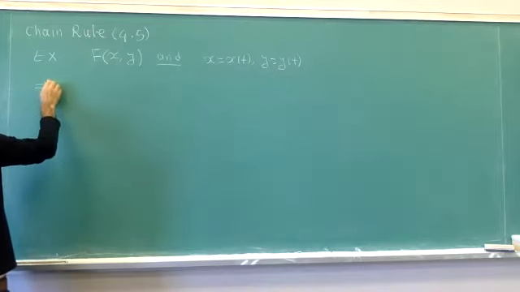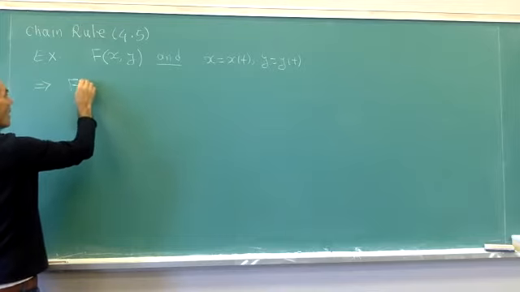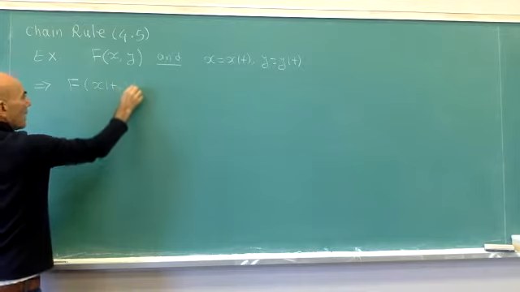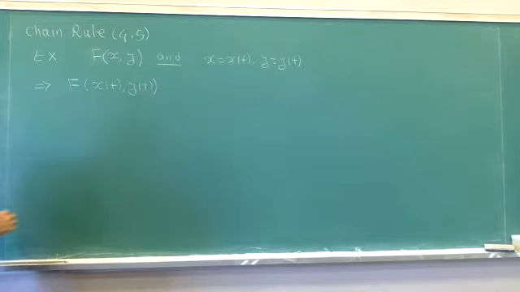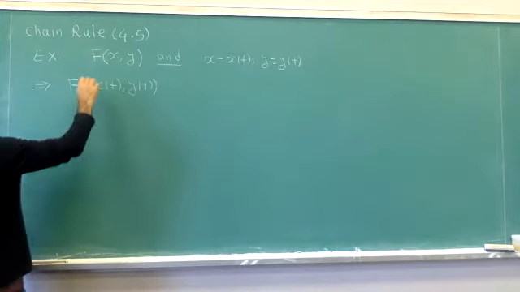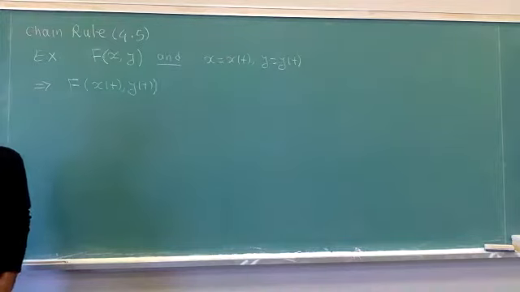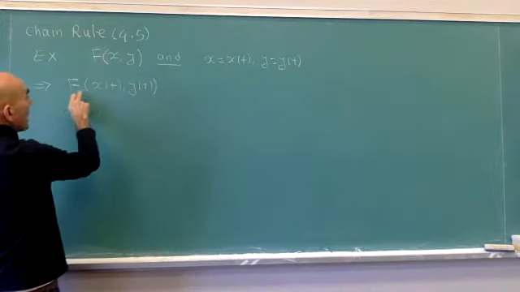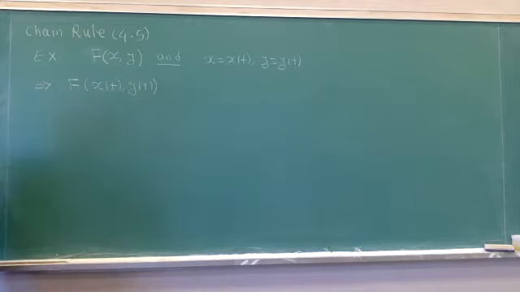So then you get a function like F of x of t and y of t. Right? So this is now a function of one variable all of a sudden, right? Because this was a function of two variables, capital F. Now this is a function of one variable t, right?